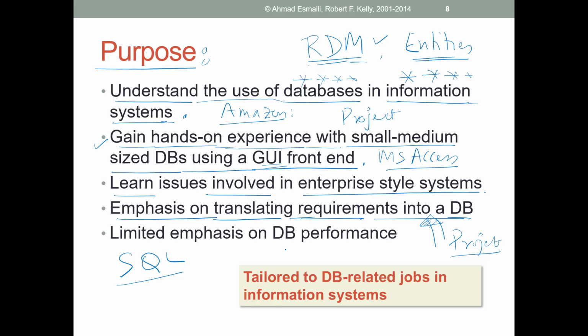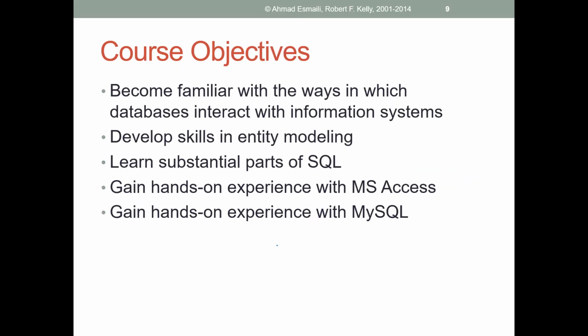But the other important thing, which is the database performance, we will not be studying too much in there, right? That's what this bullet is saying. It says that limited emphasis is given on DB performance. Although we will learn about normalization, that is also considered as a means to judge the performance of the database, but not too much. So we'll be rather light on database performance.